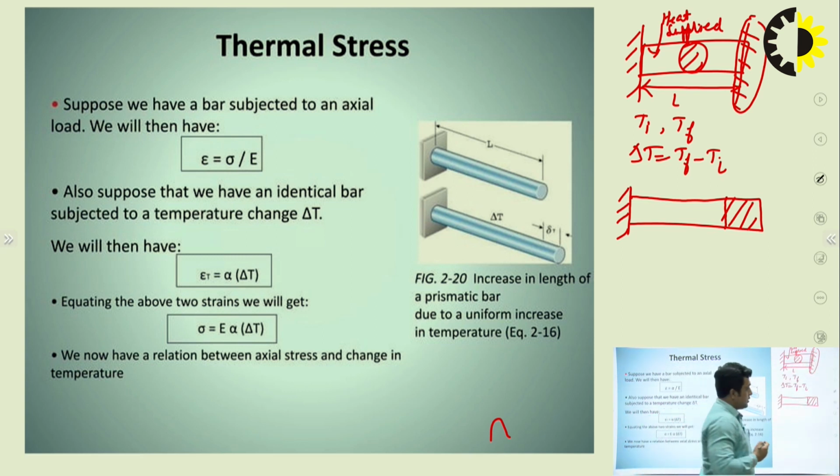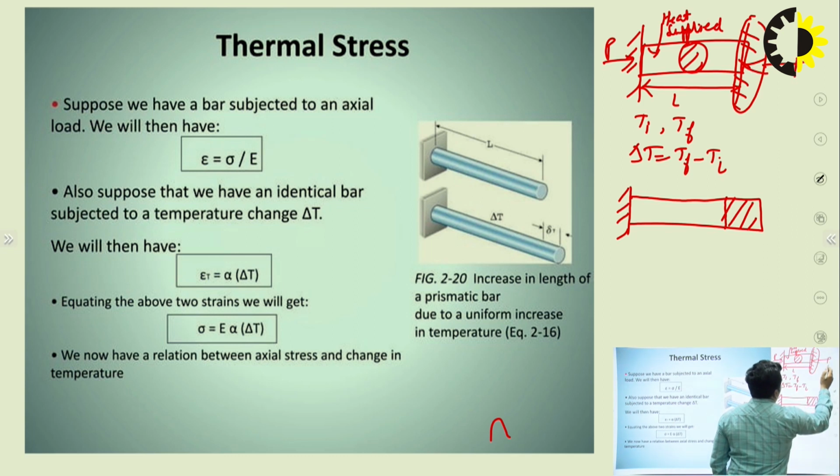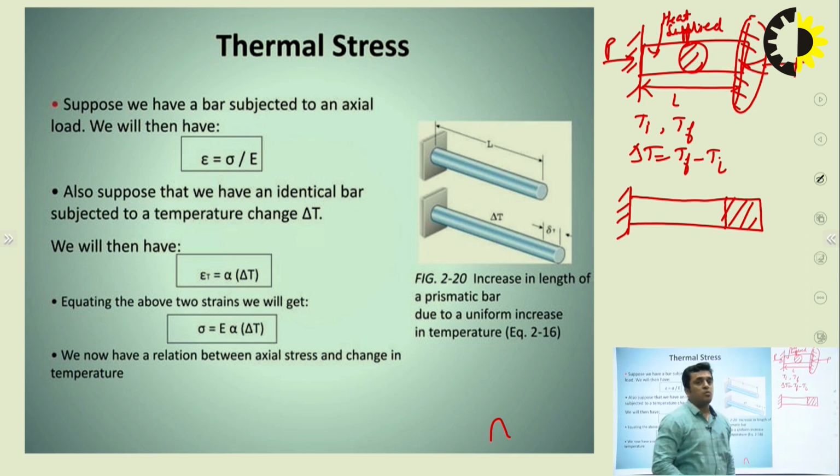This is the change in length. This is the amount which is restricted by the support. The body is going to expand up to this point, but this amount is restricted by the supports, which are restricting this expansion.